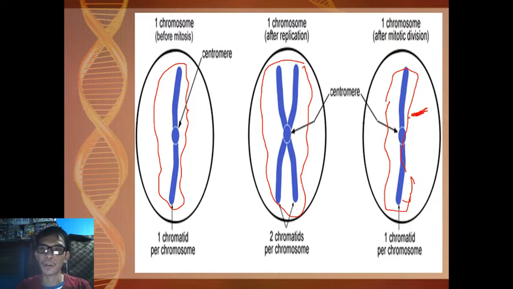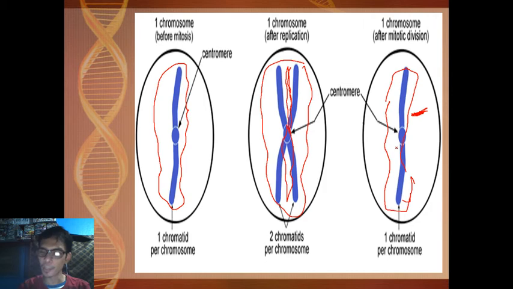Remember the process in mitosis called anaphase. In anaphase, it will totally separate the chromatids that we have right here. From two chromatids, it will become one chromatid.